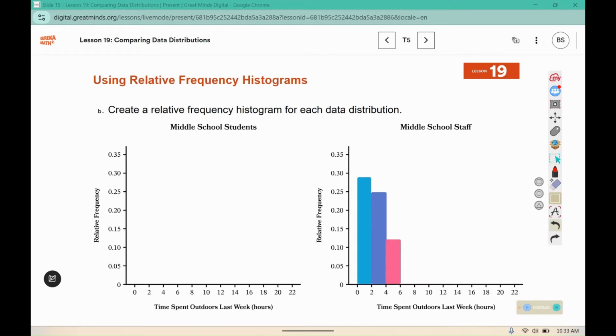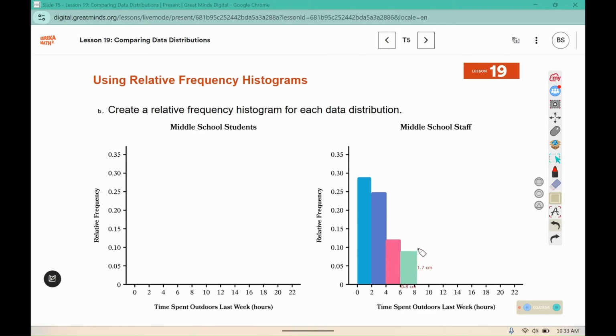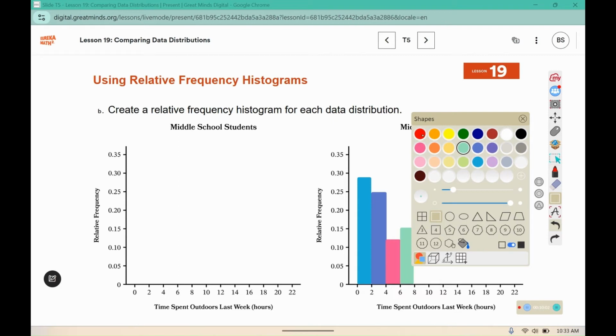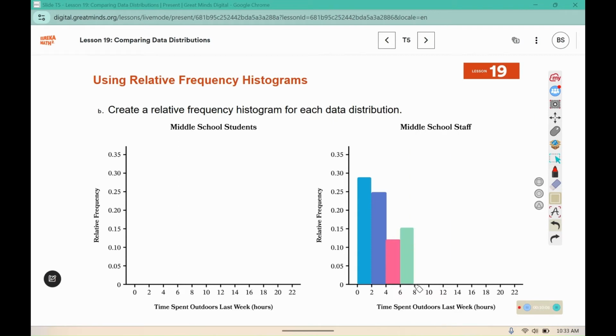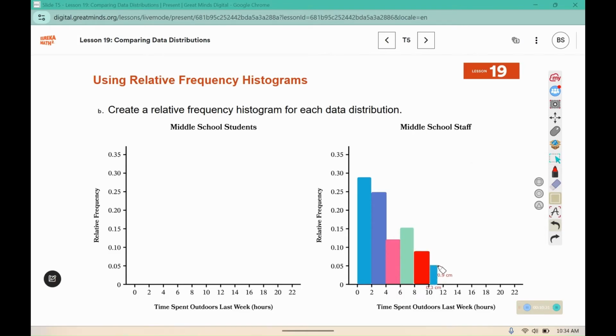Then we had 0.16, which is just above 15. 0.08, slightly under 10. 0.04, and there were 3 of those, right under 0.05.